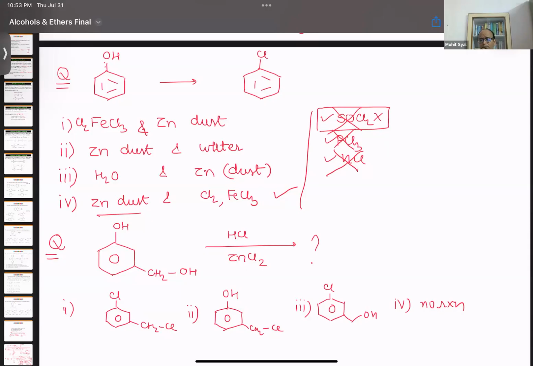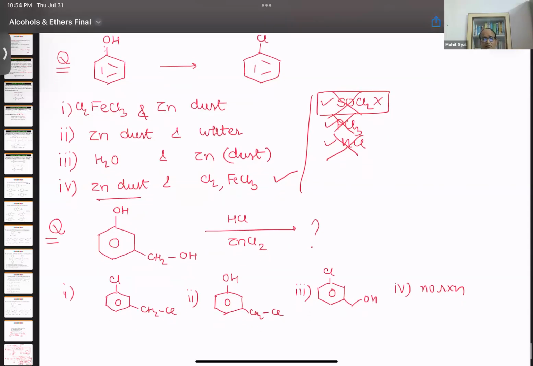So which is more reactive, which alcohol will not be replaced easily, and what is the reason why it will not be replaced easily? All these things need to be considered while answering this question. This question is very, very important, but very simple if you just try to recall, and once you do it, you will be able to make out the final answer.